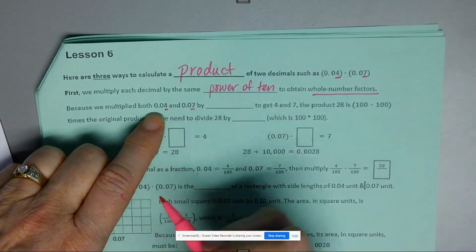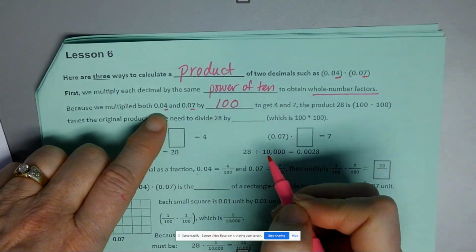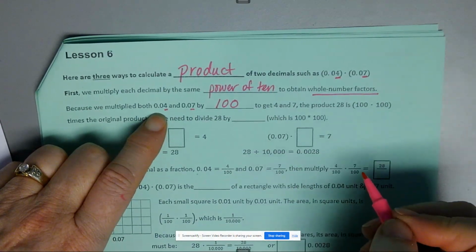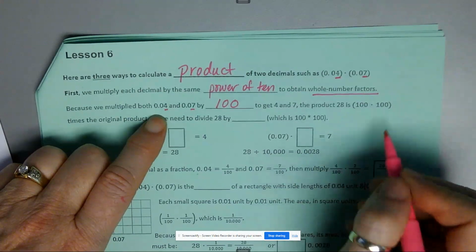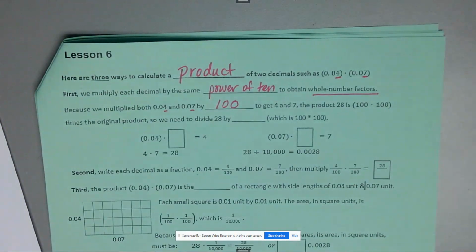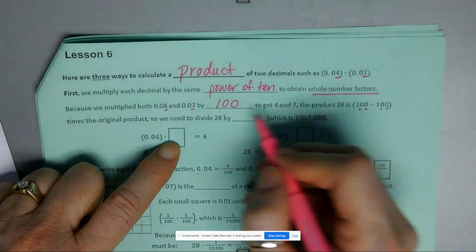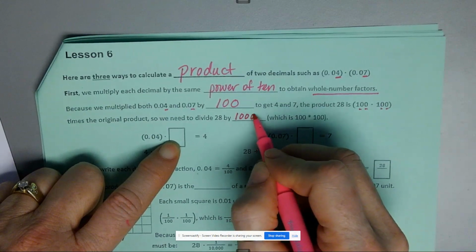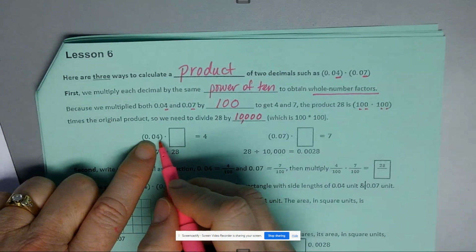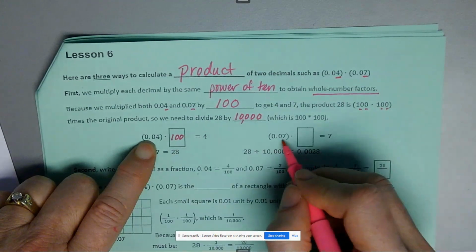Because 4 and 7 are both in the hundredths place, we're going to multiply those by 100 to get 4 and 7. So it's 28. And then we also multiplied by 100 twice, so we have to divide by 10,000. 4 hundredths times 100 equals 4.